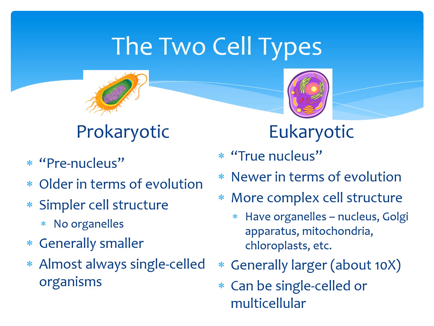Eukaryotic cells, on the other hand, are known as having a true nucleus. They contain a nucleus. They also contain a ton of other organelles that you've probably heard of in plenty of other classes, but we are going to gently go over that, like the Golgi apparatus, mitochondria, chloroplast, smooth ER, rough ER.